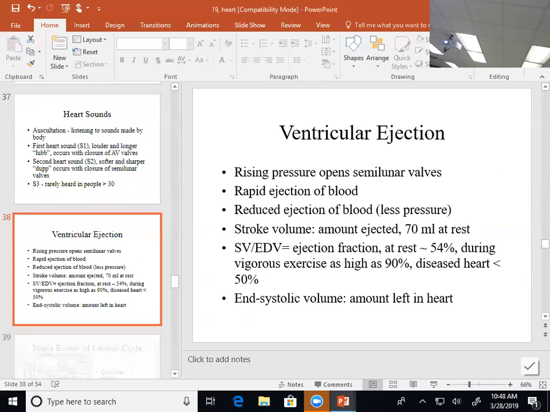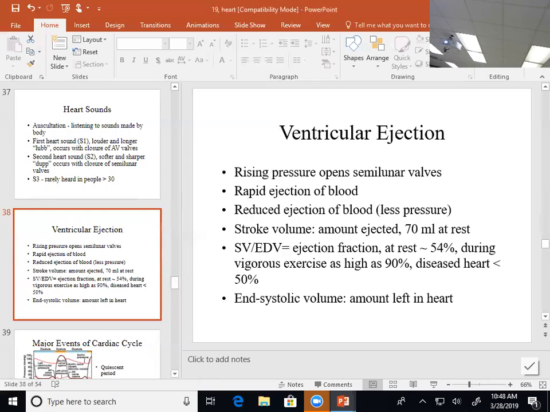You do need to know. It's not the opening of the valves. You wouldn't hear that. It's the slamming shut of first the AV valves, and then the second sound is from the slamming shut of the semilunar valves. And you actually know the names of the AV and the semilunar valves now. Good, that's called progress.